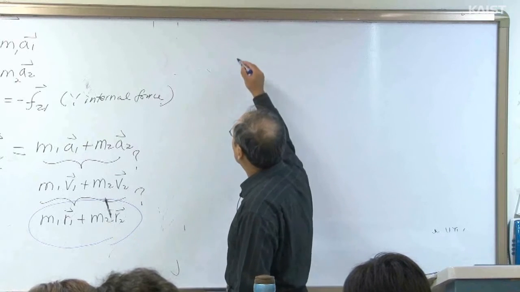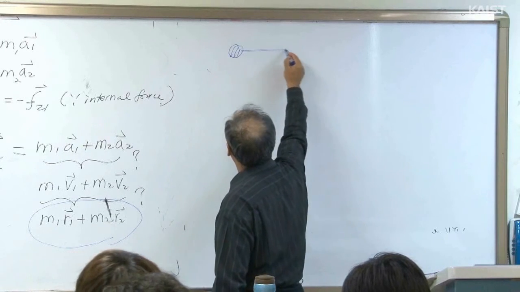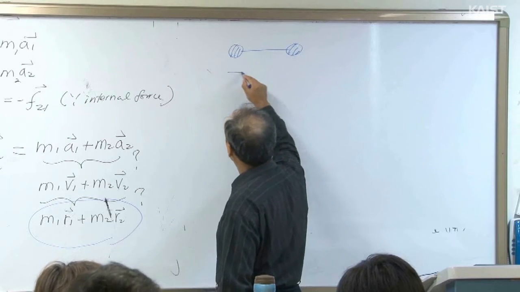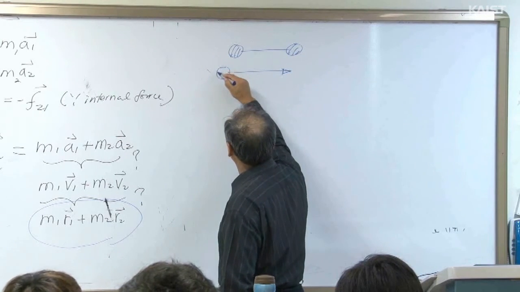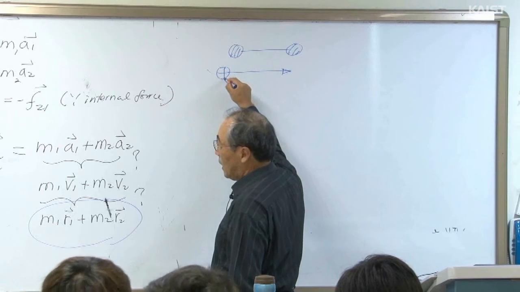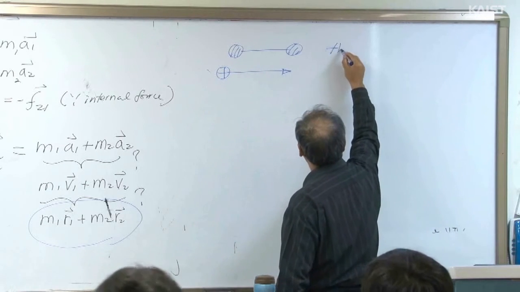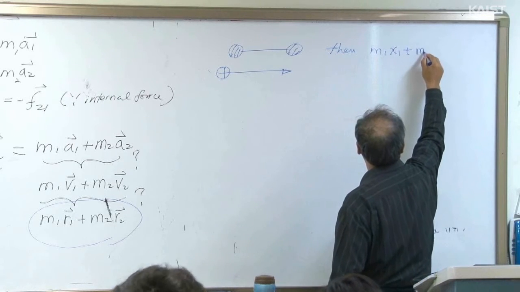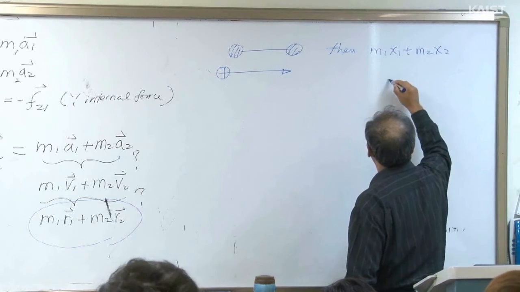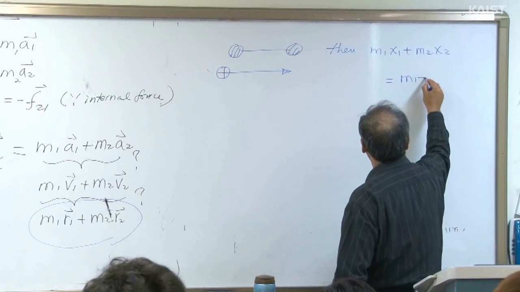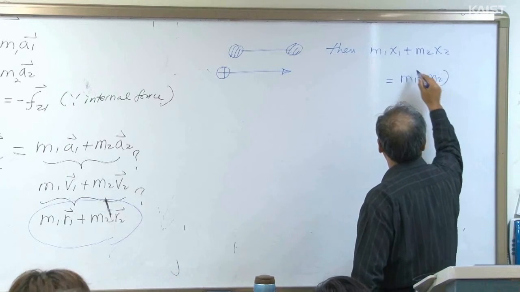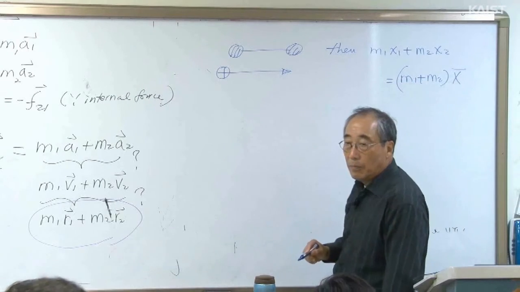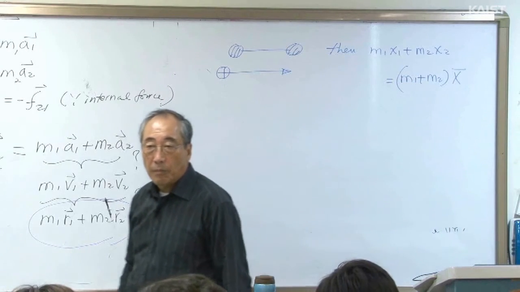Okay, suppose I have two masses. And this is moving in this direction only. Okay, then m1 x1 plus m2 x2 is related with m1 plus m2 times something.